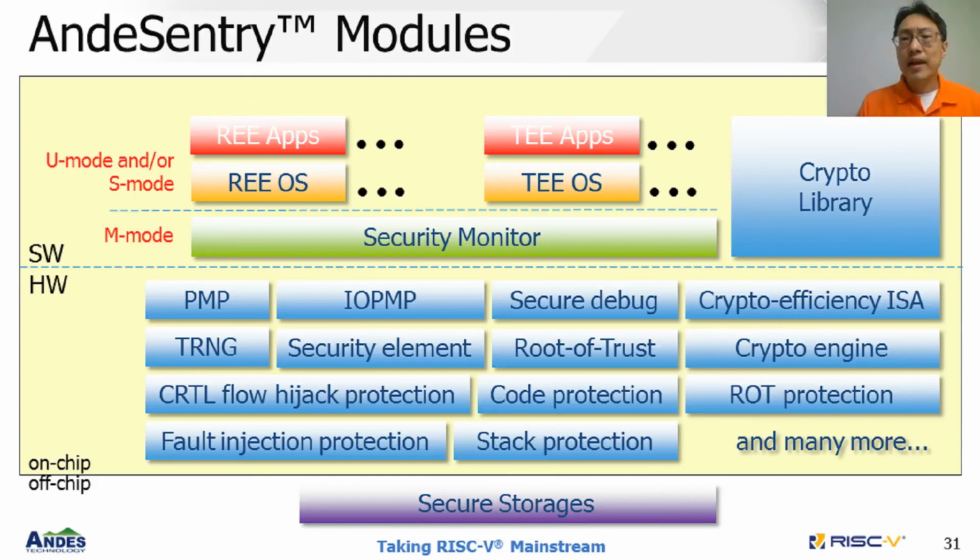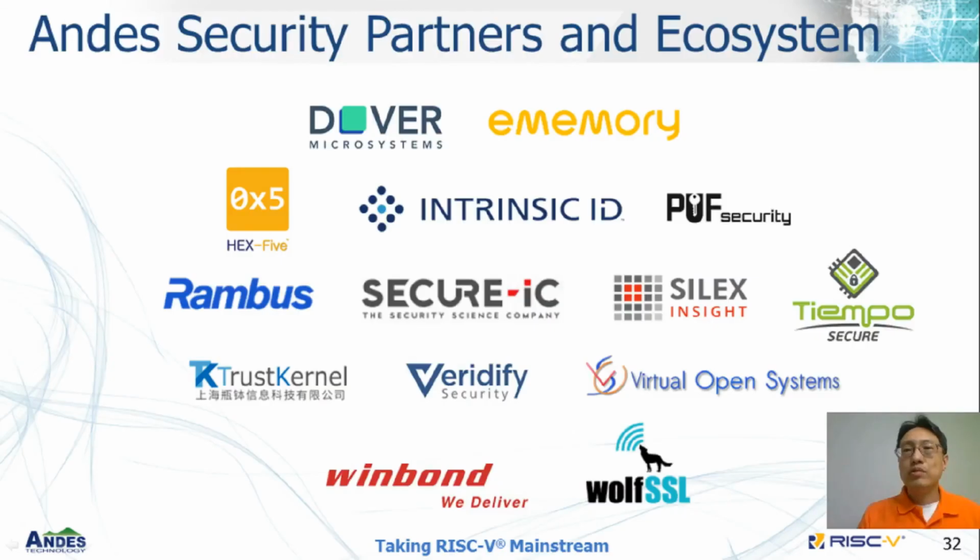By taking advantage of these hardware modules, the software stack provides a security foundation to architect your application. So far, it includes secure boot, security monitor, TEE, REE OS, and the crypto library. Those are our partners and the ecosystem.